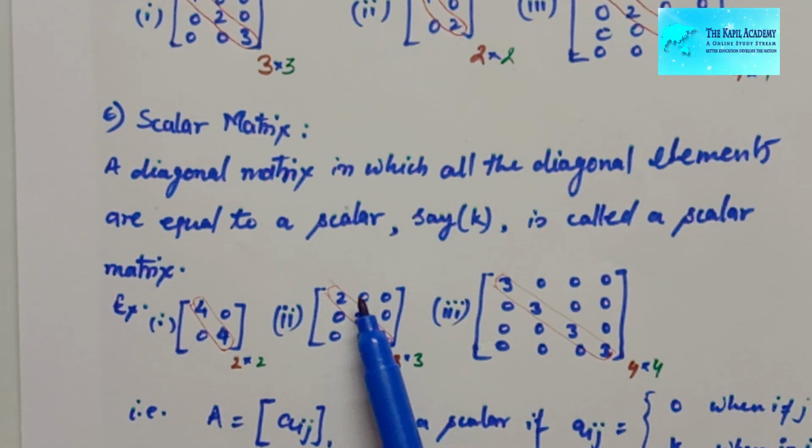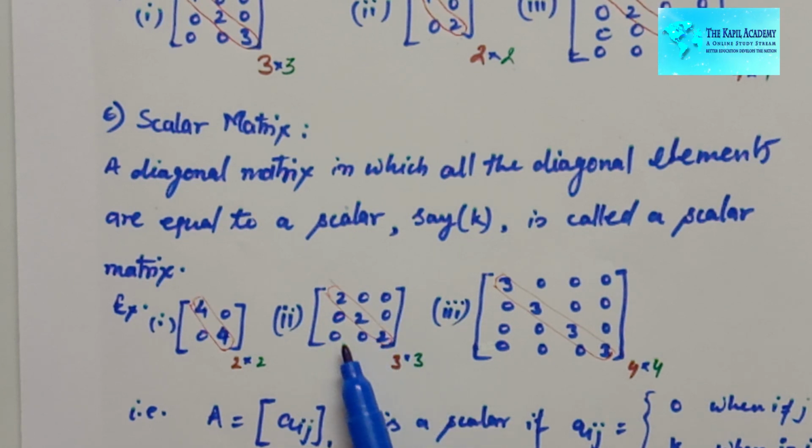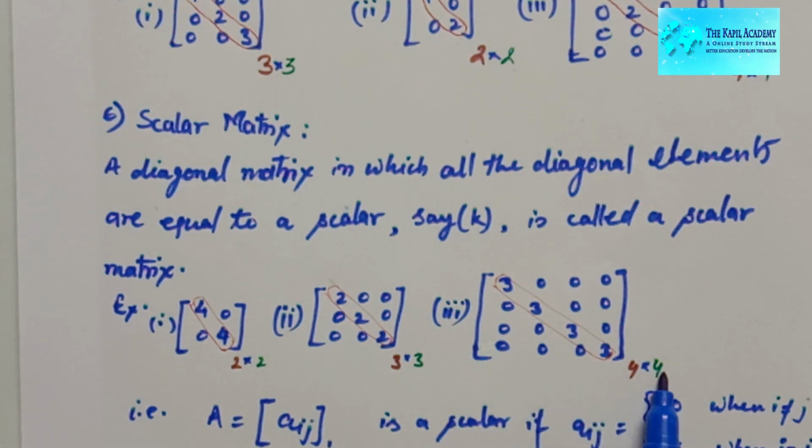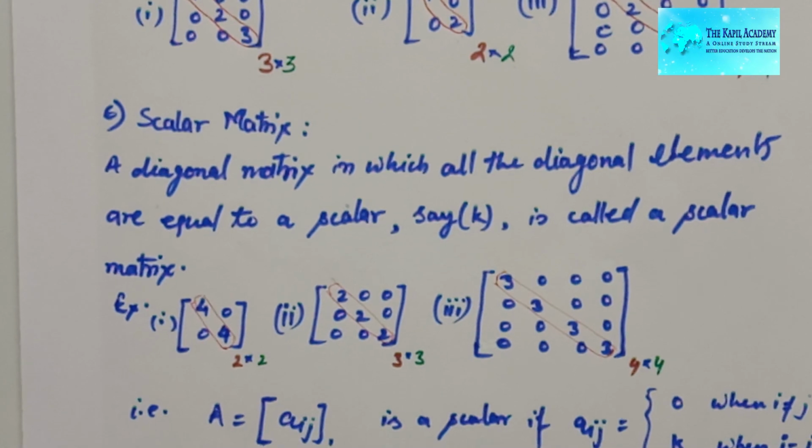Next is an example of a scalar matrix whose diagonal elements are 2, 2, 2. This matrix is of order 3 by 3. Next, a scalar matrix of order 4 by 4 whose diagonal elements are 3, 3, 3. So these are examples of scalar matrices.